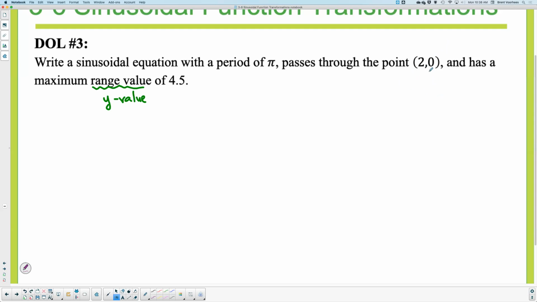Maybe I should just say the point is on the midline. That way it passes through that point, which happens to be on the midline. That'll give you everything you need. DOL number 3.